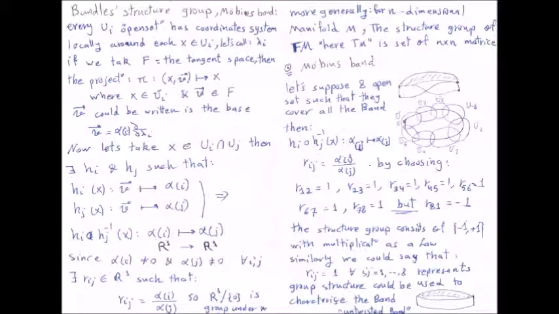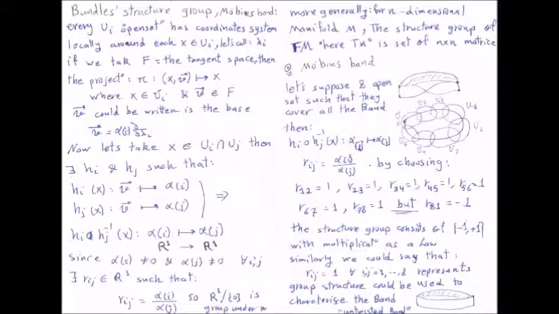So now, if we take, for example, the bundle structure of the Mobius band, let's take the fiber as the tangent space. Then the projection will connect each pair (X, V) with X. X is an element of the open set, and V is a vector of the tangent space.